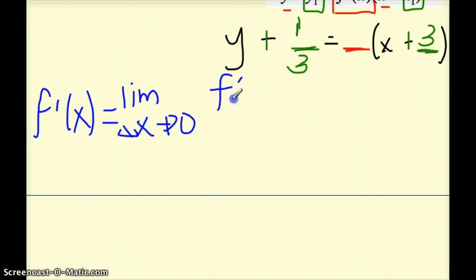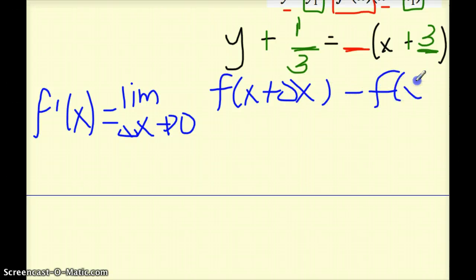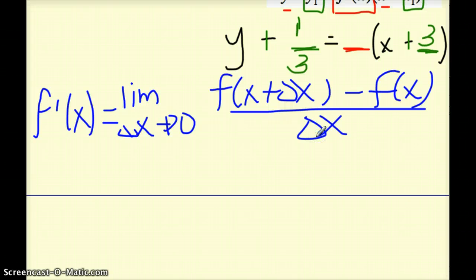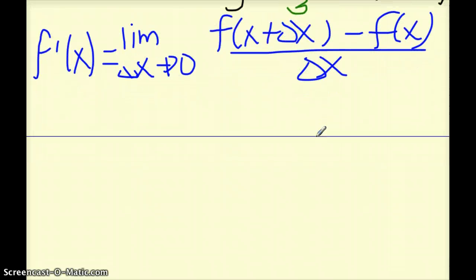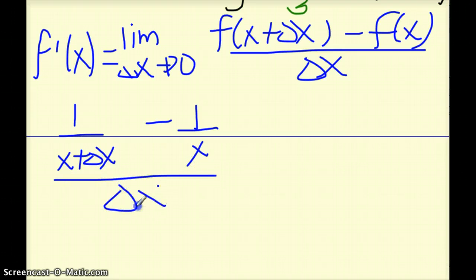And so I'm going to do f of x plus delta x minus f of x over delta x. So if I start to do the work for this problem, our equation says 1 over x, so instead of x on the first part, I'm going to plug in x plus delta x, right? Then I need to subtract f of x, which is 1 over x, and finally I have to have a delta x in my denominator.